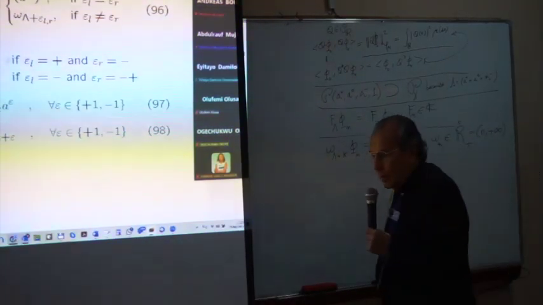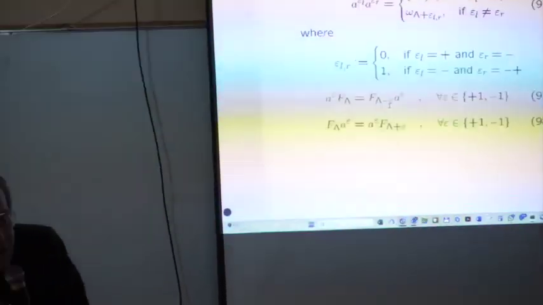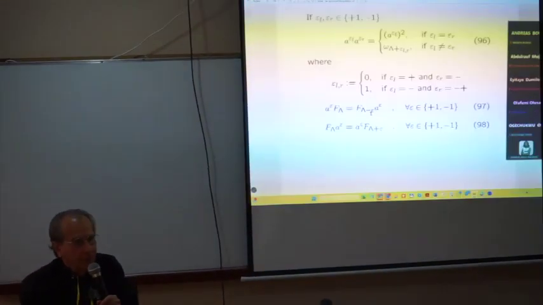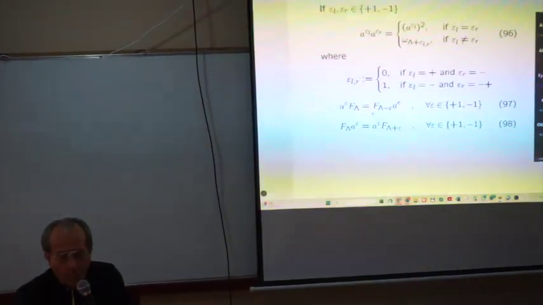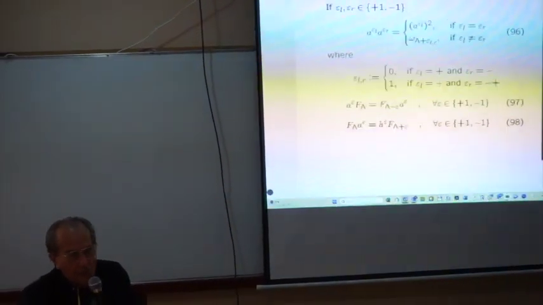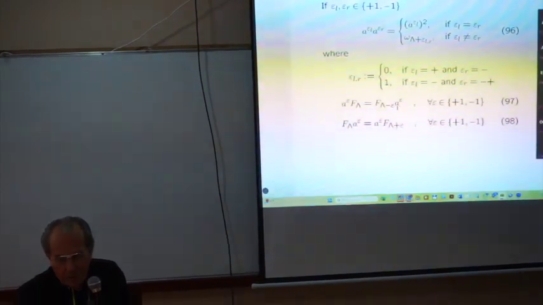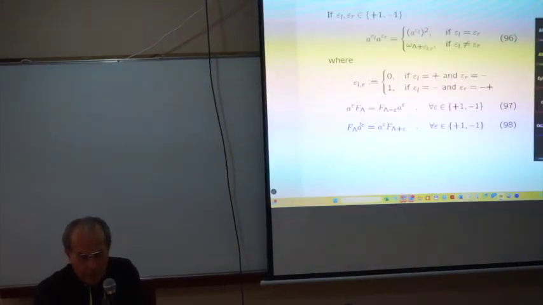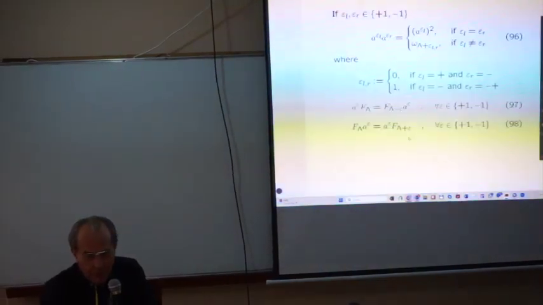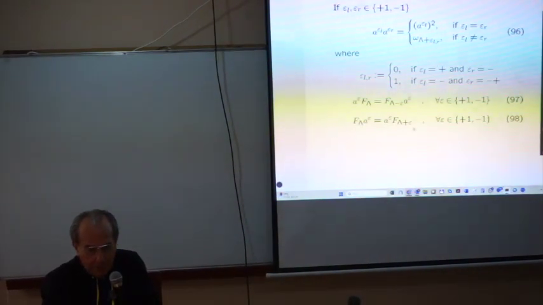Now this formula is very important because it gives you the first example of a probabilistic commutation relation. Taking the adjoint of this, you essentially prove the other. So the fundamental formula is probably this one, which is easier, with the plus.